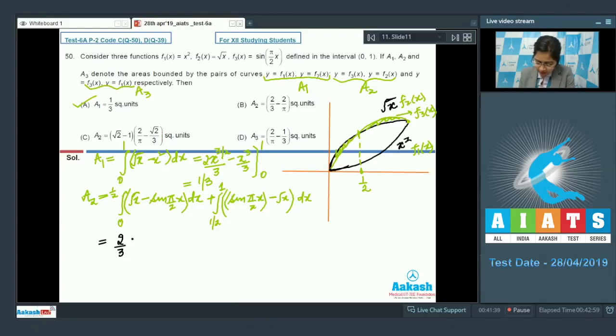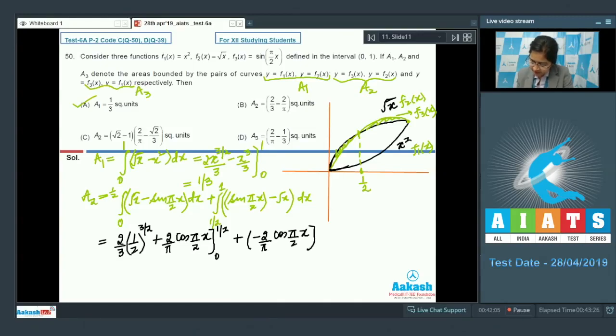That is, putting the limit as 1 by 2, it will be 1 by 2 raised to the power 3 by 2, minus the integral of sine(pi x by 2), that will be plus 2 by pi into cos(pi x by 2) from 0 to half, plus, now its integral will be minus 2 by pi cos(pi x by 2) from half to 1, minus its integral, which will be x raised to the power 3 by 2 upon 3 by 2, and the limit is from half to 1.